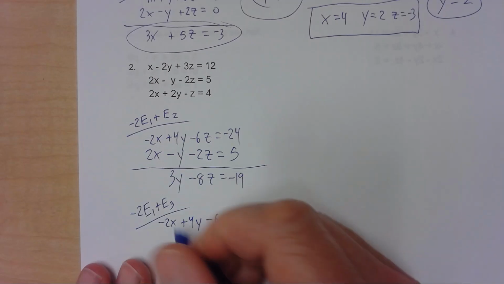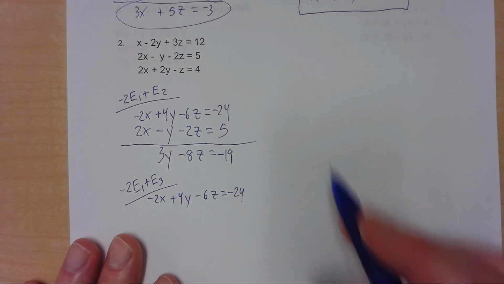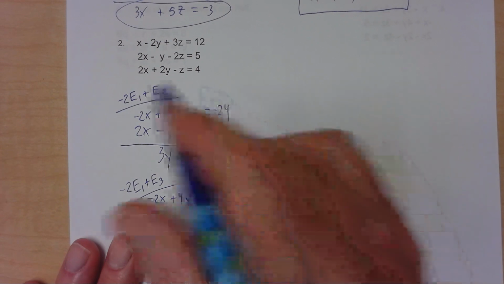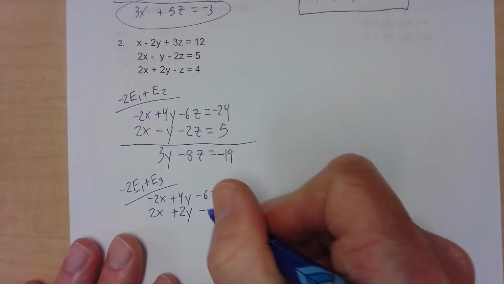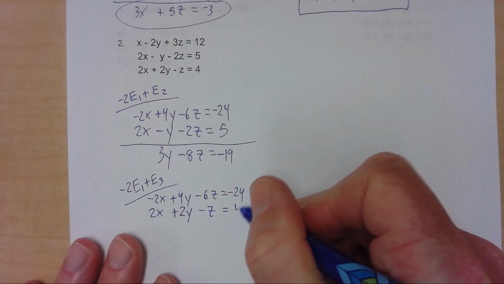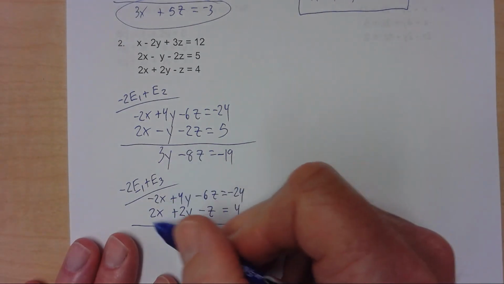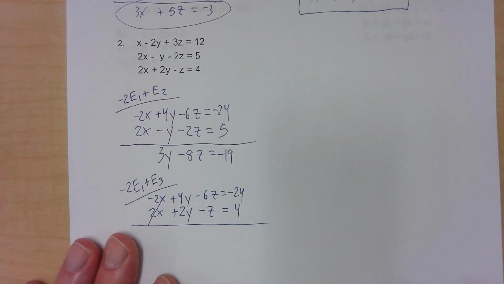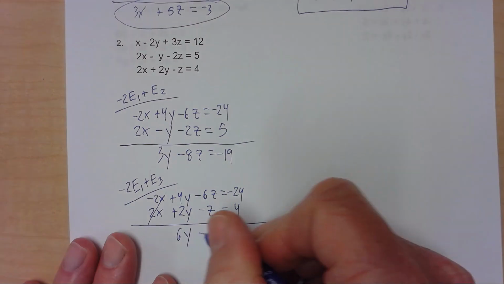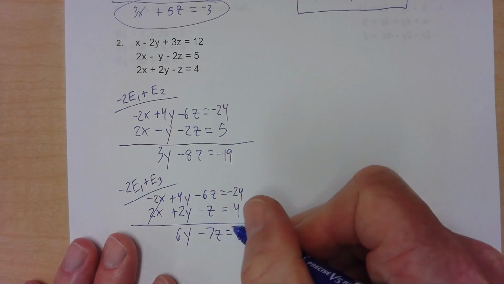Then copy down the third equation: 2x plus 2y minus z is equal to 4. So I'm going to get rid of these. Gone. Minus 7z is equal to negative 20.